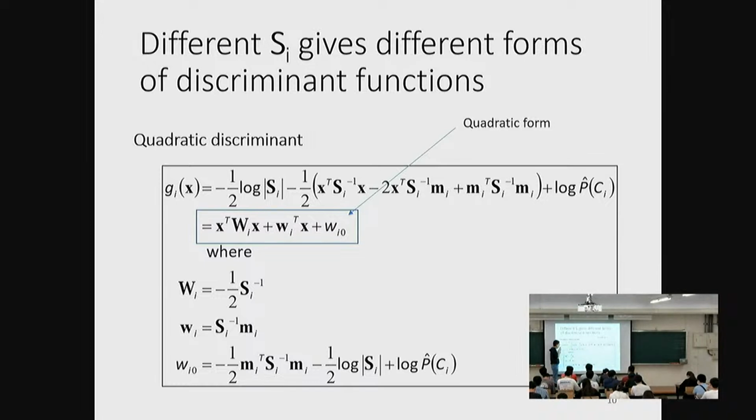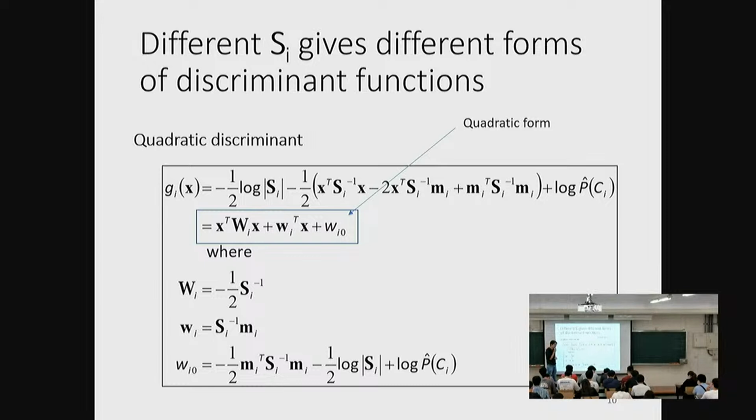So basically, you can rewrite this discriminant function as a quadratic term, some square term, plus w times x, which is a slope term, the first order term, and some constant. It's a second order, first order, and constant term. So this discriminant function can be rewritten in this quadratic form.